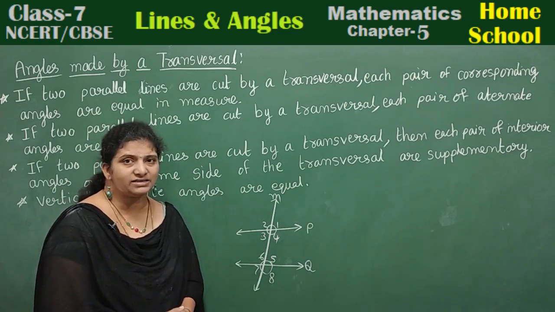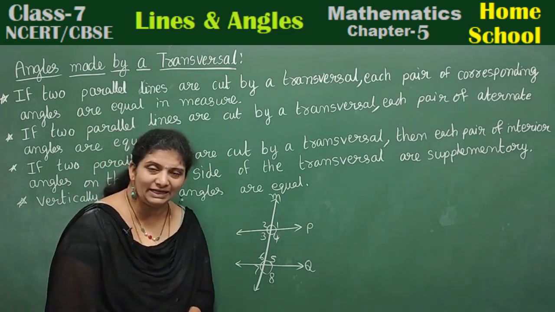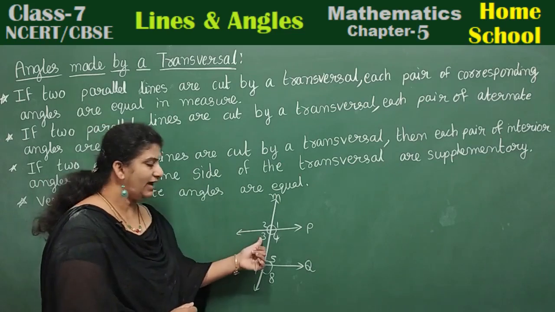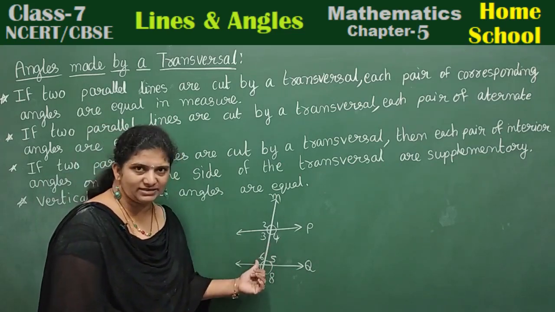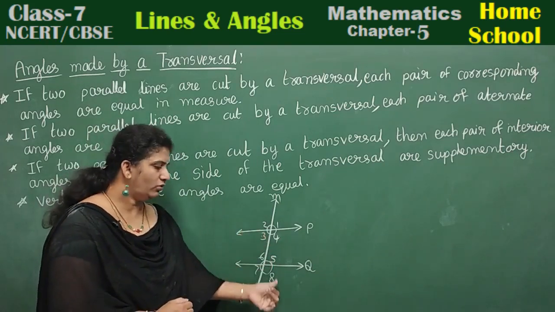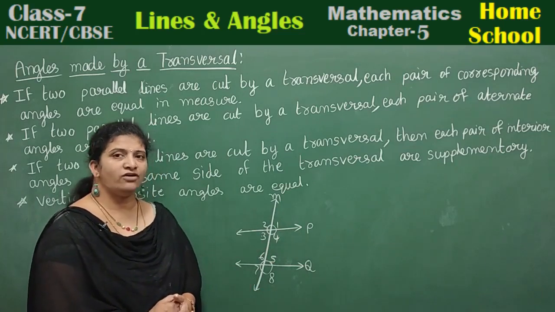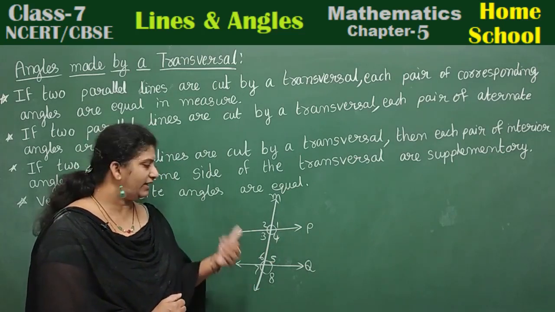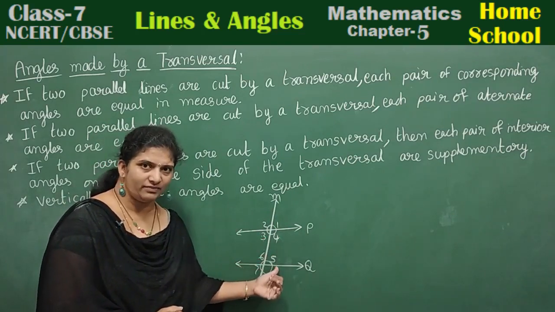Alternate angles. If I say alternate angles, you should remember alternate interior angles: angle 3, angle 5; angle 4, angle 6. Alternate exterior angles means angle 2, angle 8; angle 1, angle 7. Pair of interior angles on the same side: angle 3, angle 6; angle 4, angle 5.